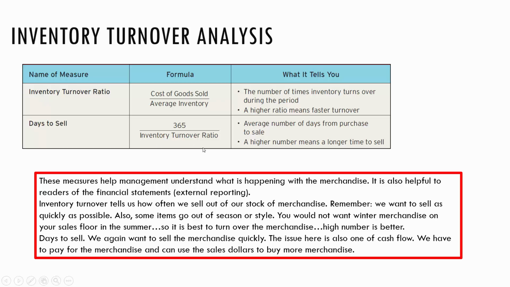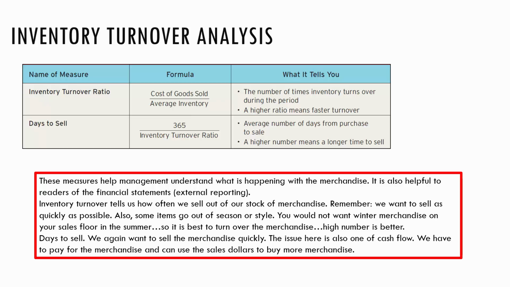When we calculate our days to sell, we take 365 divided by the inventory turnover ratio. So to calculate days to sell, you have to use this number in the calculation. It's what goes in here. When we talk about average inventory, it's a calculation of beginning and ending inventory divided by 2.